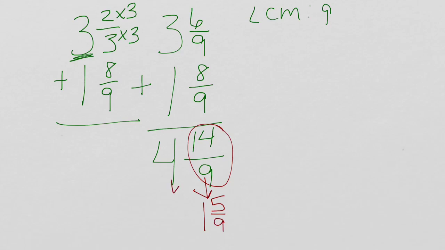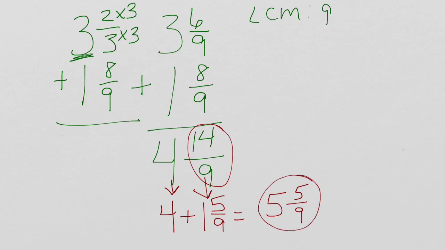Don't forget about your whole number. Now let's add that to the 4 wholes I already had here. So my answer is 5 and 5/9. I can't simplify 5/9 anymore. They don't have any common factors other than 1.